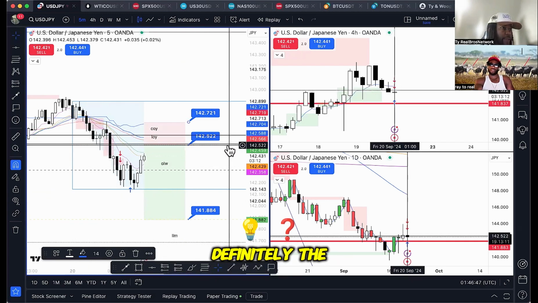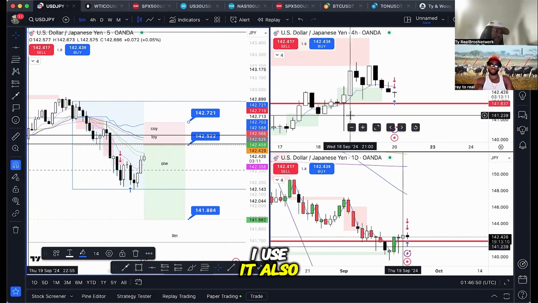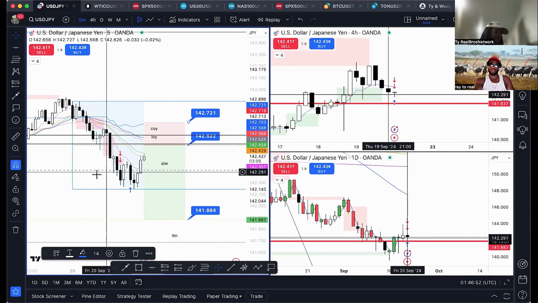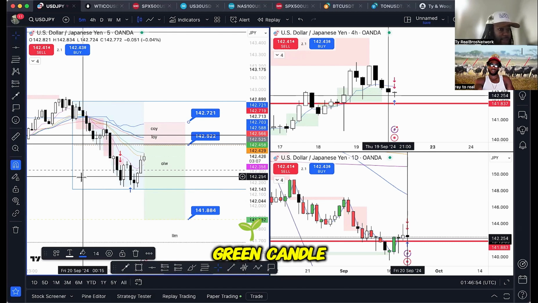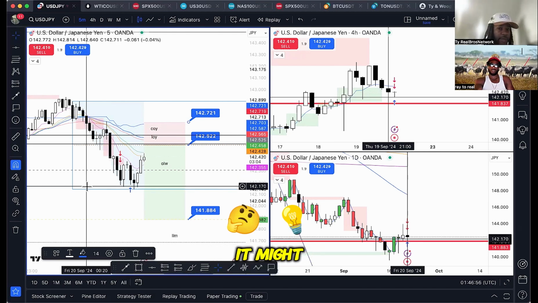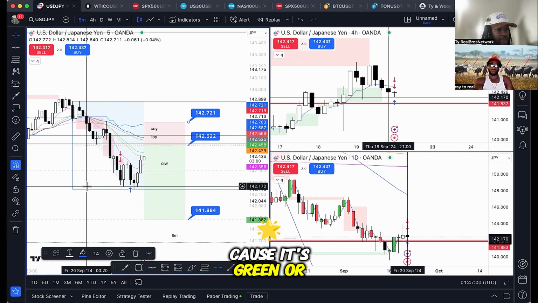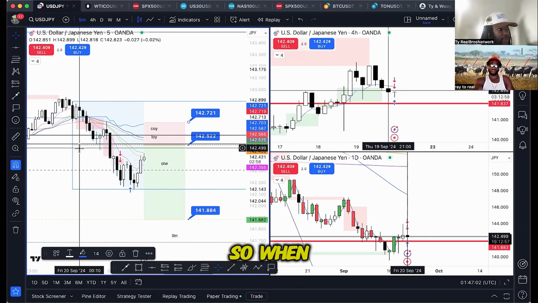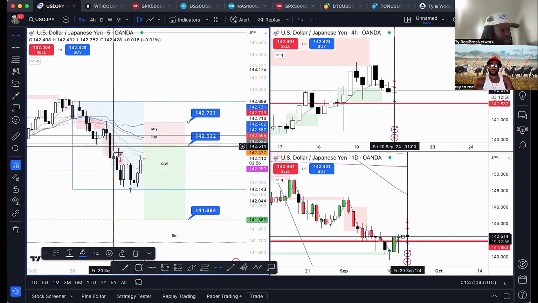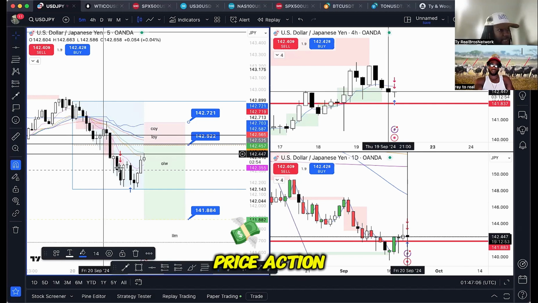Yeah, definitely. The reason why I use it also is when you see a big red candle or a big green candle, sometimes it might create a lot of emotional spikes for me. I'm like, oh, it's going up, it's moving because it's green, or it's red, oh, it's crashing. So when I take all those colors away, it allows me to focus on pure price action.